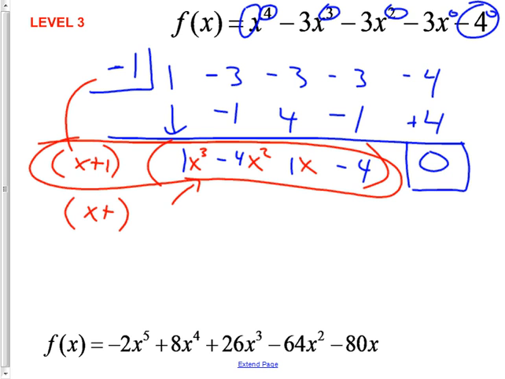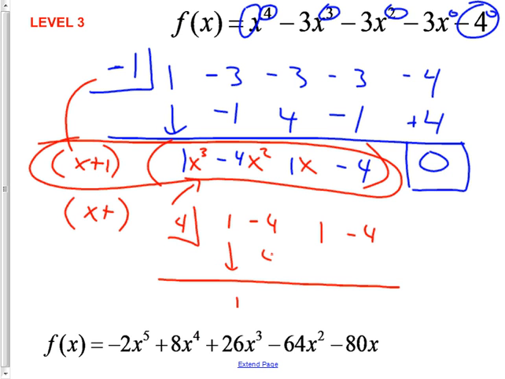Can't I just do synthetic again? 4 goes into this one, and I'm going to do 1, -4, 1, -4, and then drop it, 1, times 4, add them, 0, 0, add them, 1, 4, 0.